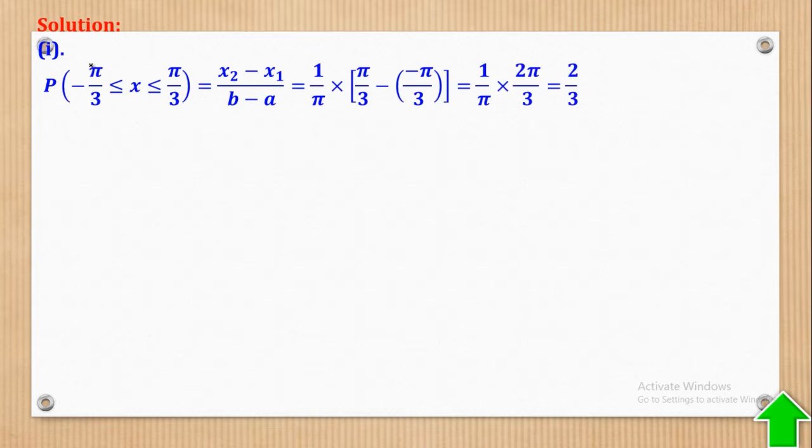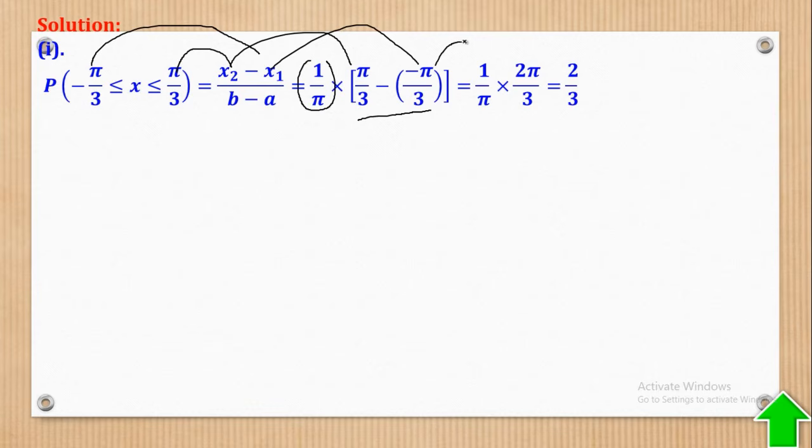In this case, negative pi over 3 is x1, and pi is x2. Then b minus a, we said it was pi, therefore 1 over (b minus a) is 1 over pi. Then substitute for x1 and also for x2. In the end, all of this in the bracket will give you 2 pi over 3, but there was 1 over pi here, so this pi and this pi cancel. You remain with 2 over 3.